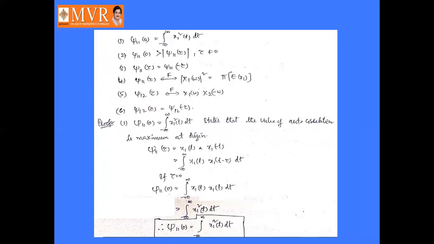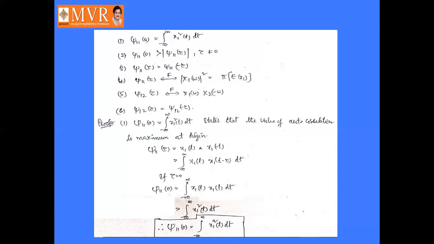So first one is phi11 of 0 is equal to the integral from minus infinity to infinity of x1 square t dt. This states that the value of autocorrelation is maximum at the origin. So phi11 of tau equal to x1 of t convolved with x1 of minus t. So it is nothing but the integral of x1 of t into x1 of t minus tau dt. If tau equal to 0, it is x1 square t dt, right?